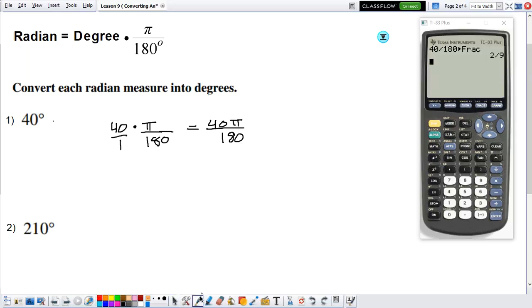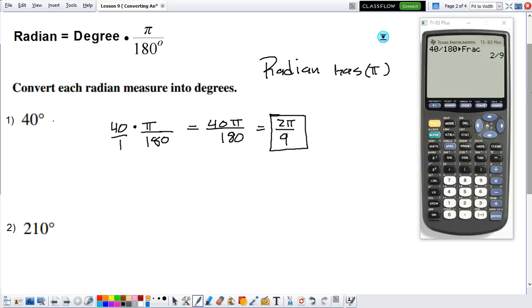That means I can simplify this expression as 2 pi over 9. This is the radian representation of the degree. And again, radians always have pi's. Please keep that in mind. When we talk about radians, there's always going to be a pi in it.